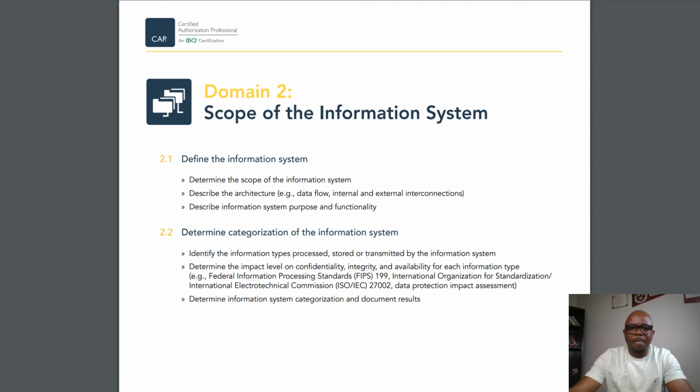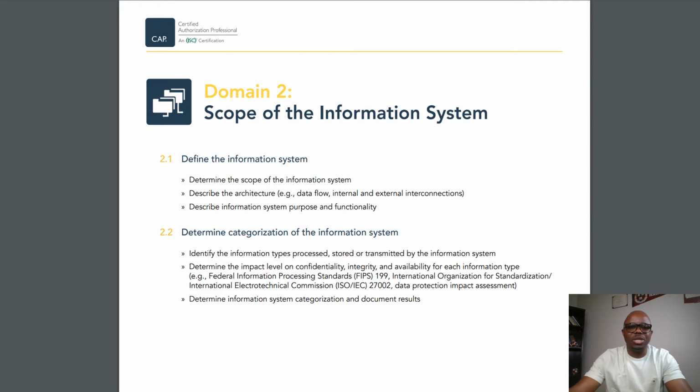Domain 2 talks about the scope of the information system. They have renamed this domain. Previously it was called categorization, but now they call it scope of the information system. What is contained under this domain 2? One, you have to define the information system, meaning determine the scope of the system, describe the architecture, and describe the information system purpose and function.